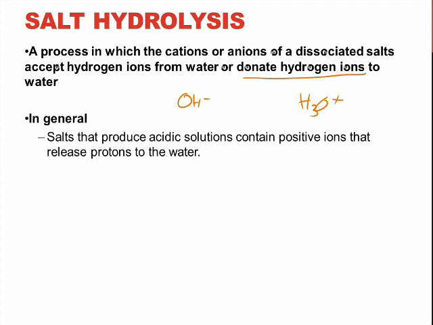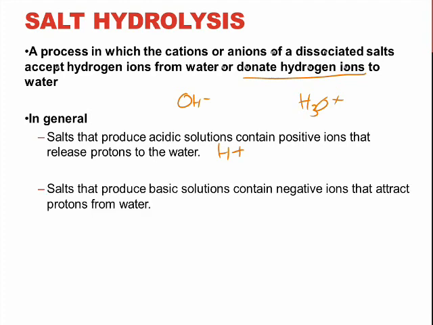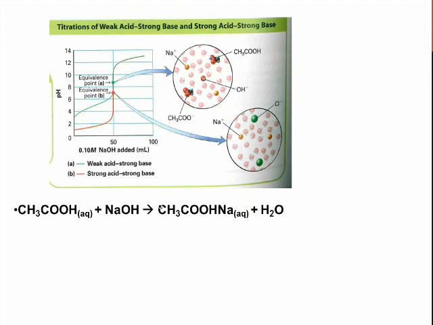In general, salts that produce acidic solutions contain positive ions that release protons into the water, and salts that produce basic solutions contain negative ions that attract protons from the water, so you will get the water to produce hydroxide ions. So with weak acids and weak bases, you have these salts, and they make a slightly acidic or slightly basic solution.